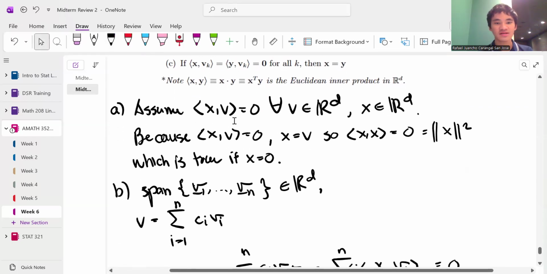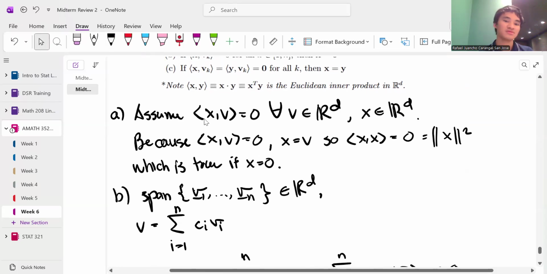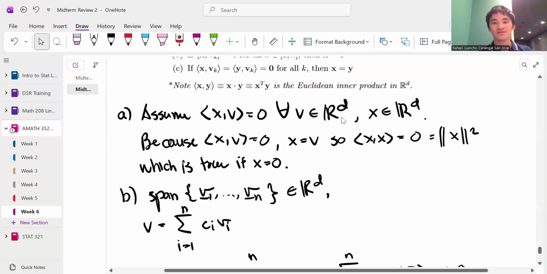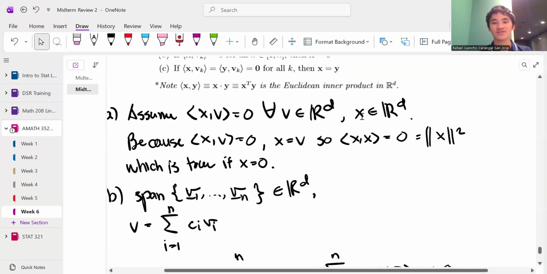So our proof here is that we assume their dot product is 0. So what can we say about it? x and v are orthogonal vectors, pairwise orthogonal for all v in Rd. Here we define x to be in Rd so that the dot product of these two vectors is defined.